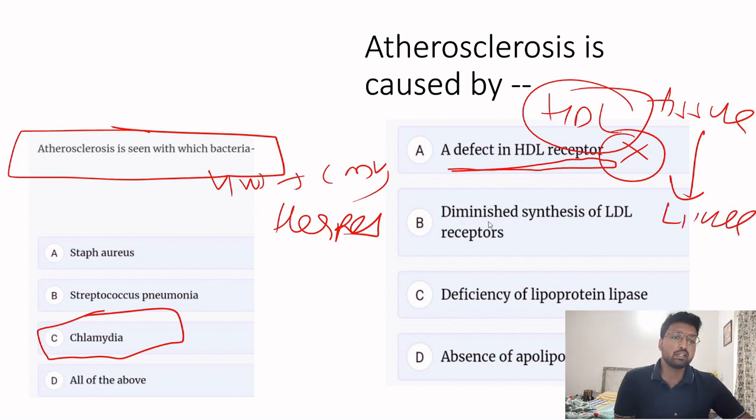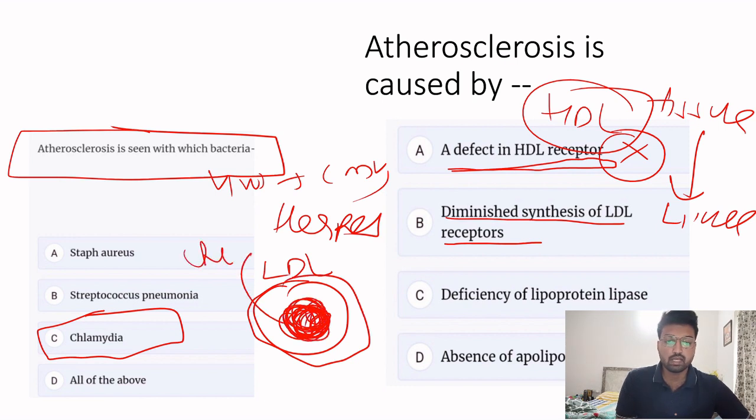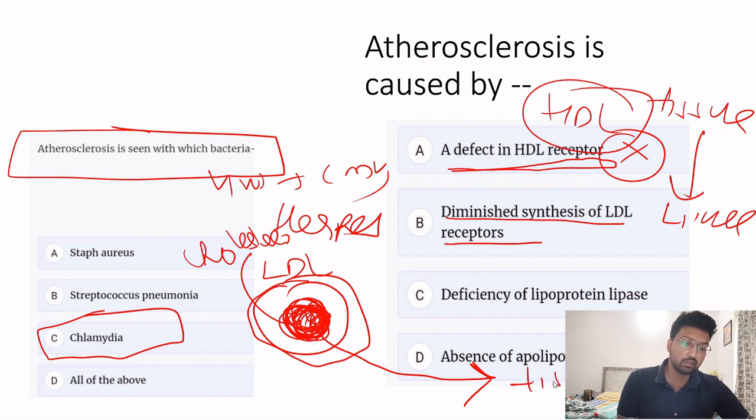The next option is diminished synthesis of LDL receptors. The LDL molecule has a lot of cholesterol. See, this is the LDL lipoprotein, and inside it is cholesterol. LDL goes to the tissue, while HDL was going from the tissue to the liver.